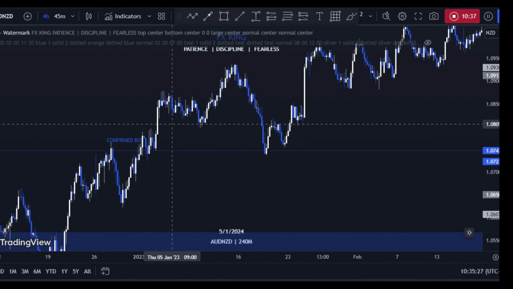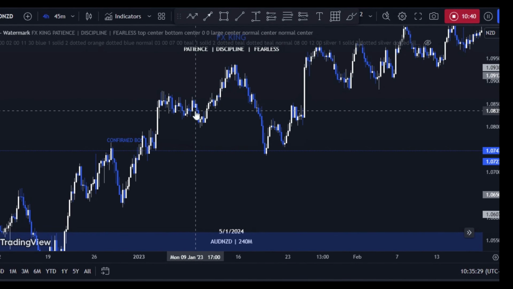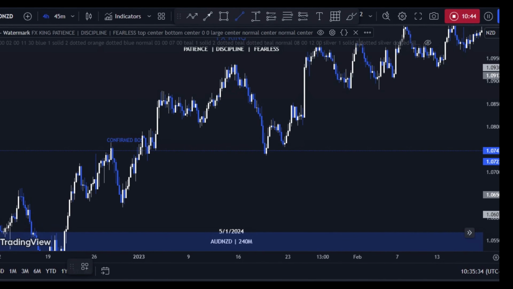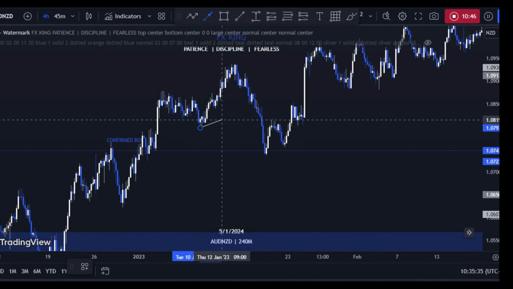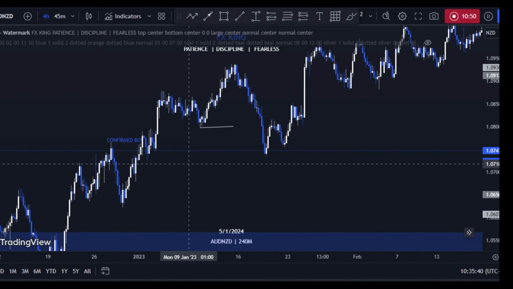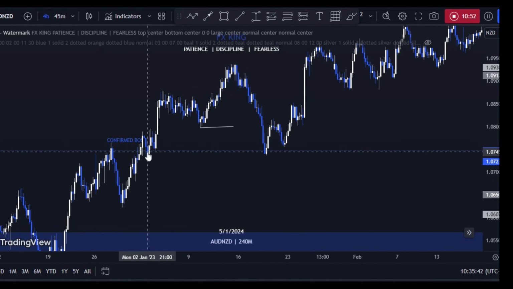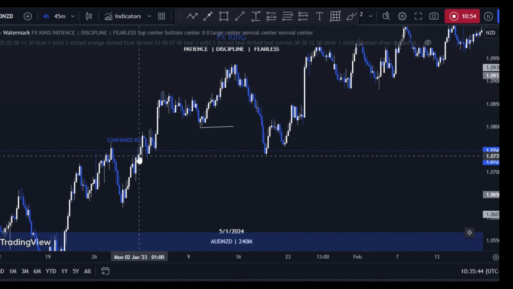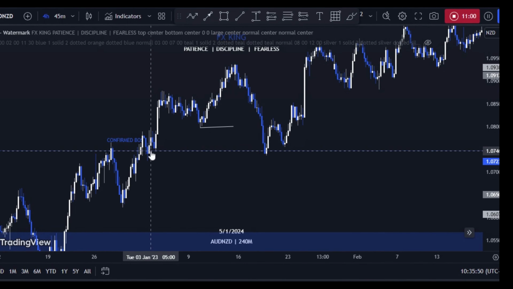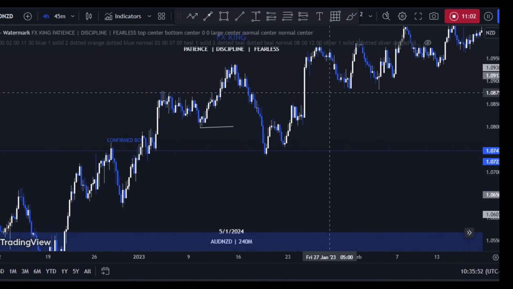In this case, what we see is the market created this inducement here. When the market created this inducement, it mitigated this zone. You can see that this is where the mitigation came from. This is where the market induced and finally pulled up.